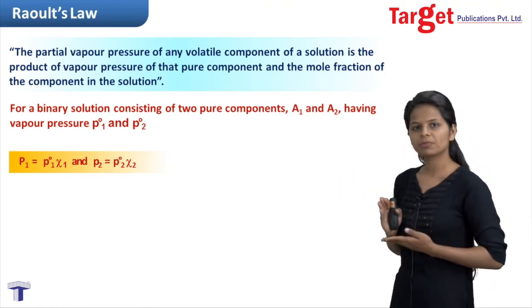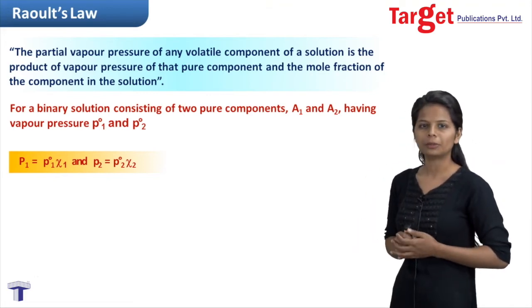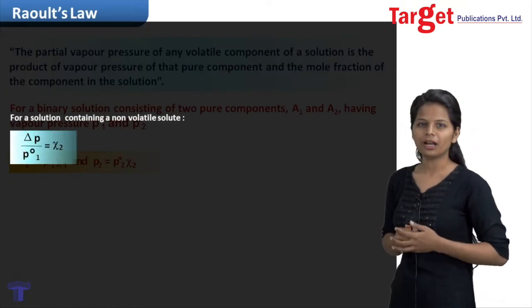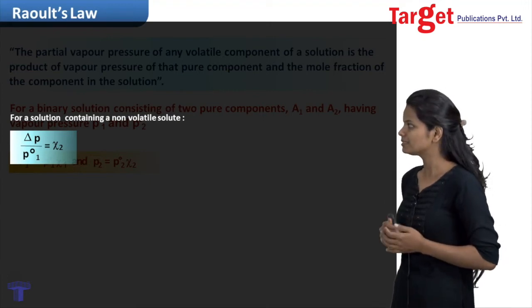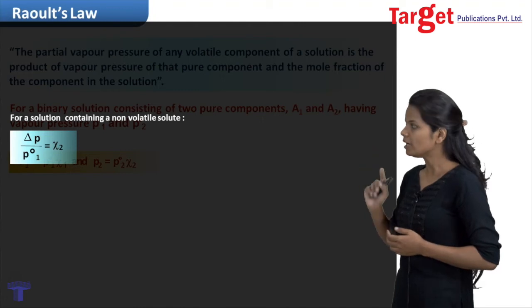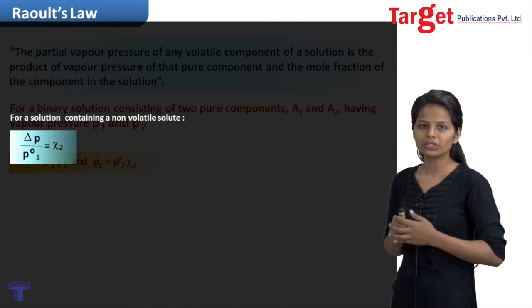Likewise, P2, the partial vapor pressure of the second component, will be equal to P02 multiplied by X2. It is experimentally found that relative lowering of vapor pressure can be expressed as the mole fraction of solute, which is delta P divided by P01 equal to X2, the mole fraction of solute.